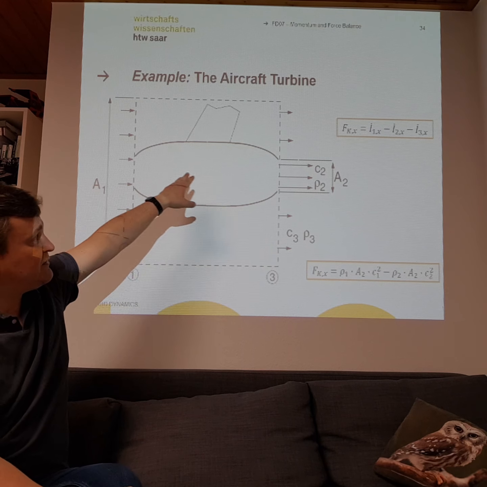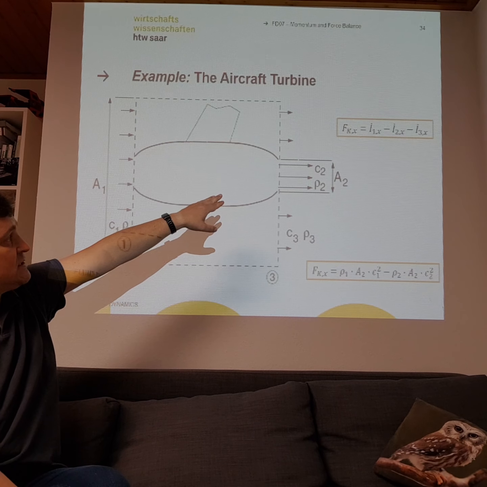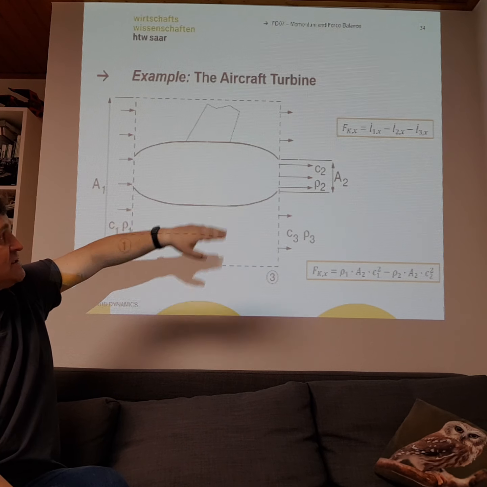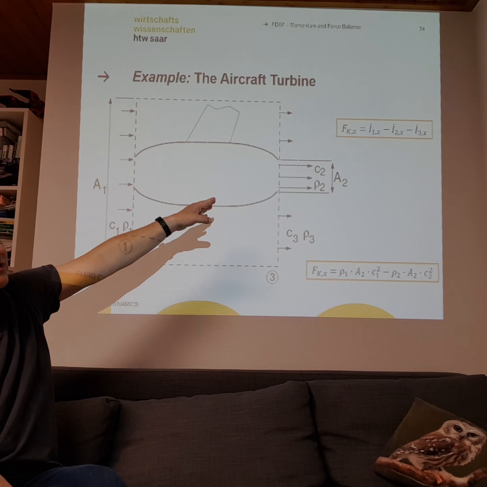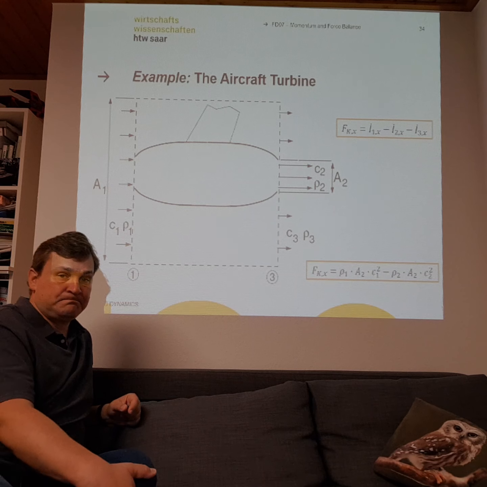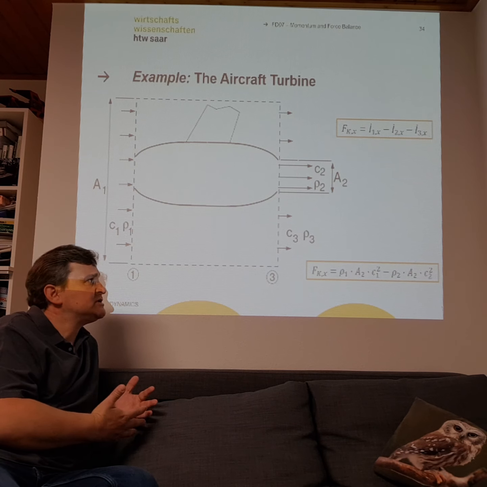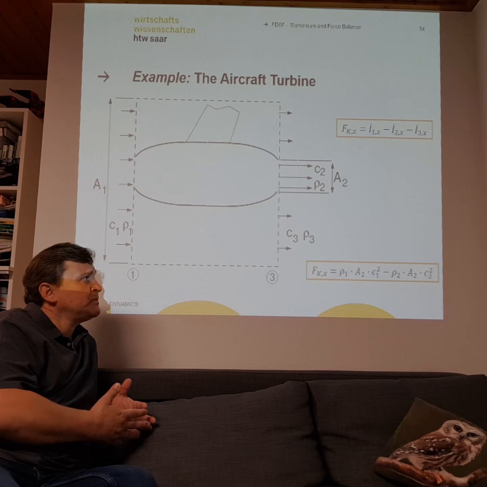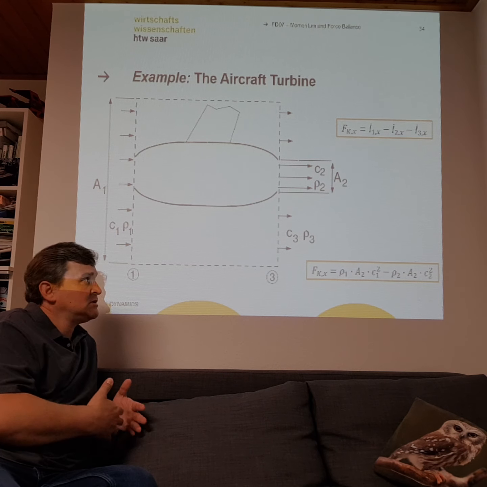And then we have to take into account for our force balance the area of the exit of the turbine and the velocity. And of course, the velocity here is really high, about 800 kilometers per hour. And also the density is different.